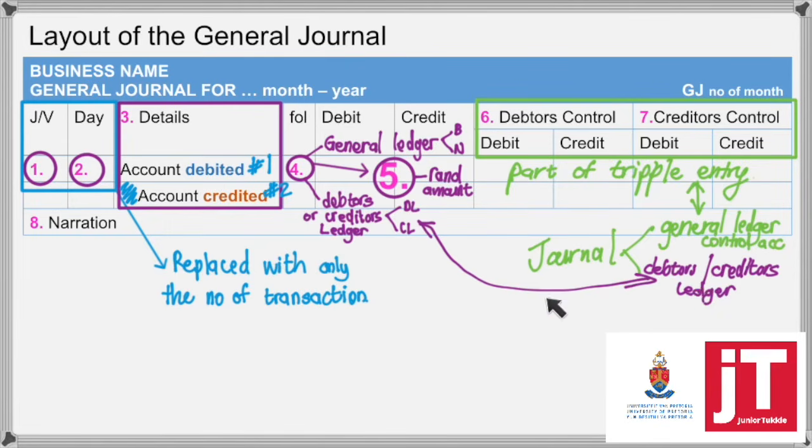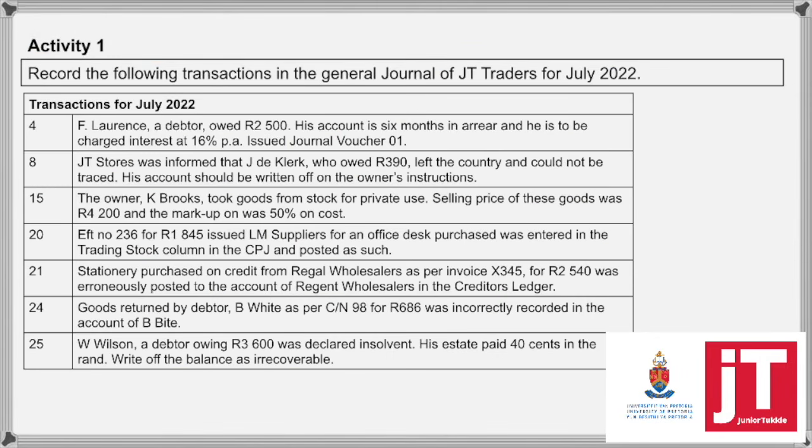So because this number 4 references the debtors or creditors ledger, and there are many transactions that influence the control accounts, they have created control columns for the debtors control and creditors control, and they have to be entered there as well. Now, I hope this doesn't seem too overwhelming. We're going to look at this transaction by transaction, and you'll understand as we go along.